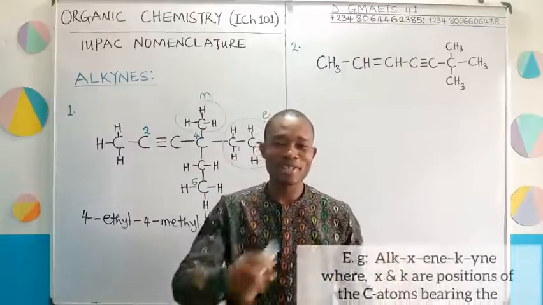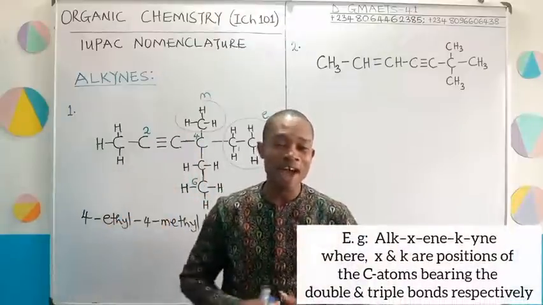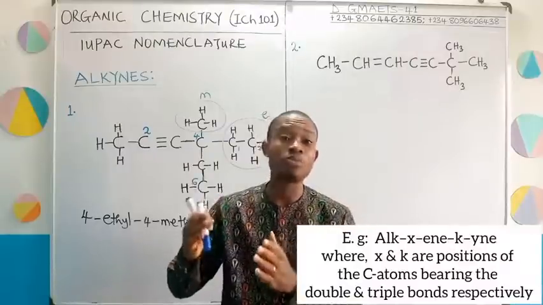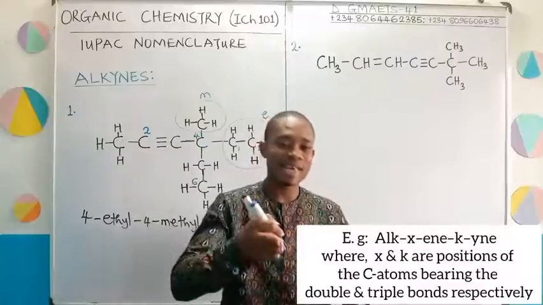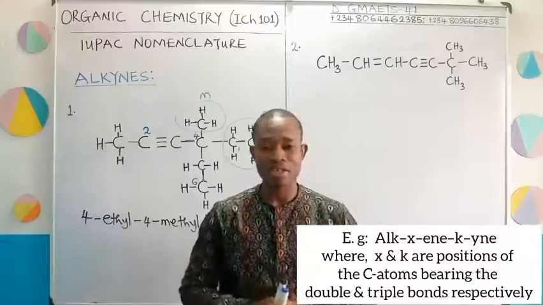So what does that tell us? You don't have to take your mind back to what I taught you under alkene, the way you give the parent name. Like I stated, you have to break the prefix from the word suffix and indicate the position of the carbon atom bearing that unsaturated bond.